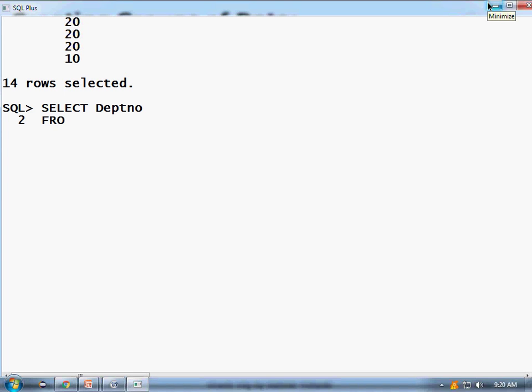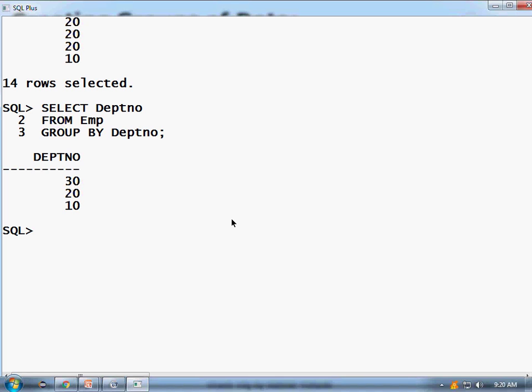So I say select department number from EMP, and I can directly say group by department number. The moment I say group by department number, I am very clearly saying: try to find the classifications that exist within this column called department number, and it just gives me those classifications.